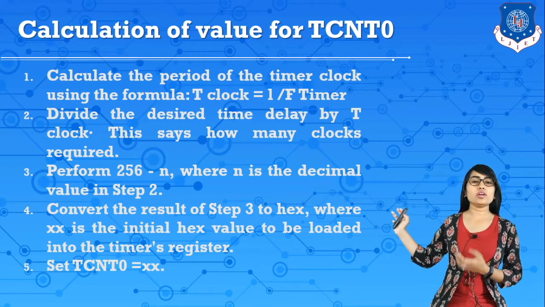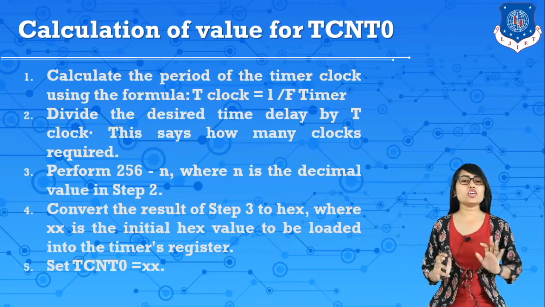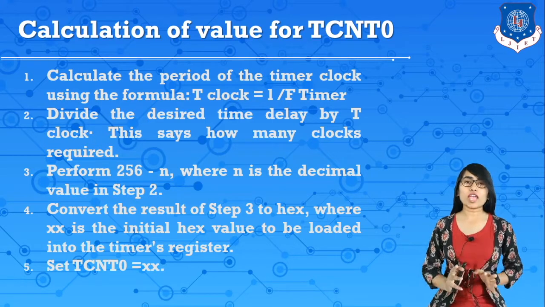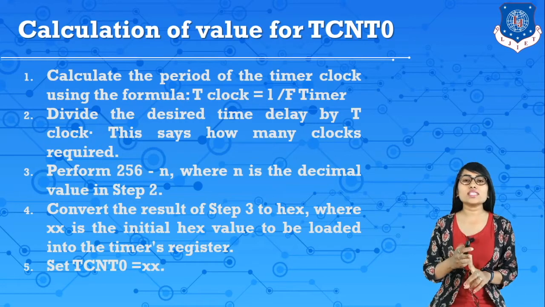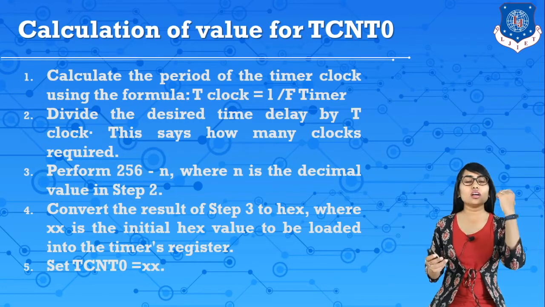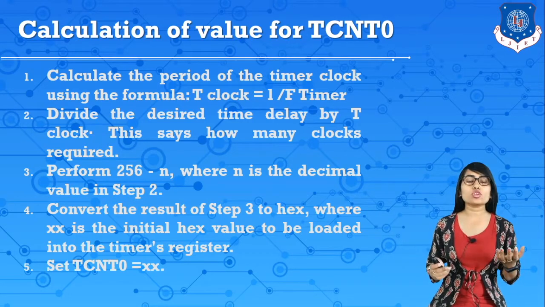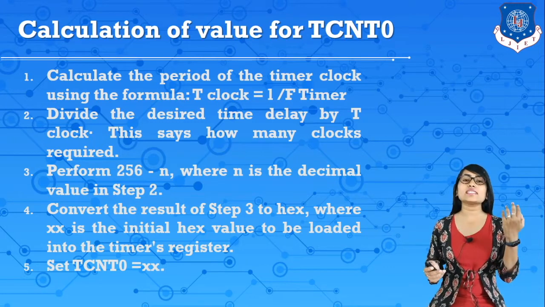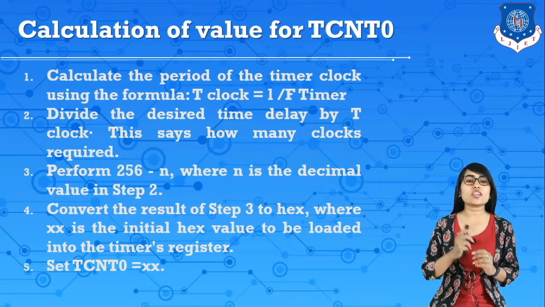Now this data is converted either to hex or kept as a decimal number. So we have our value for TCNT0. Again, first divide by the clock frequency, 1 upon F, so we have our time duration. Now this time duration is used to divide our desired delay, which gives how many clocks are required.